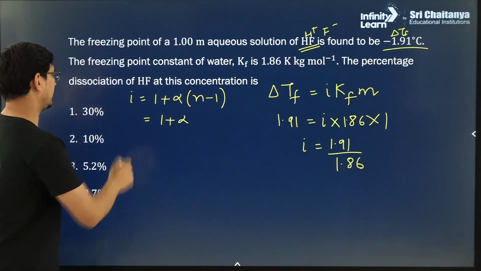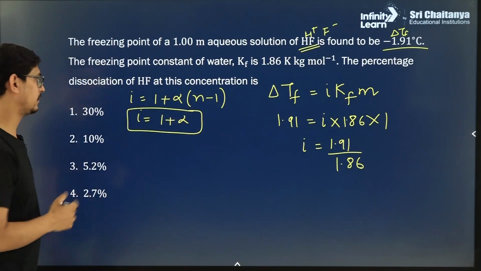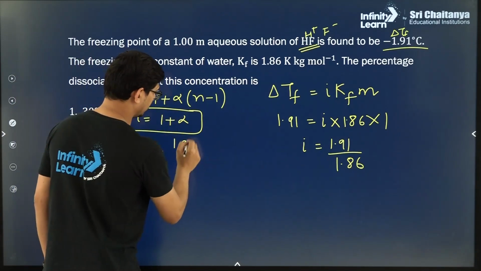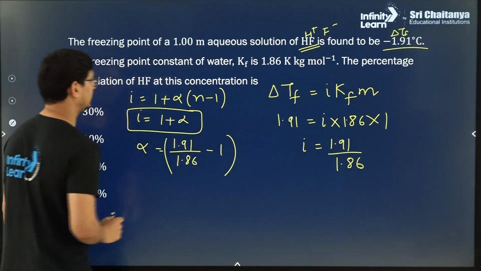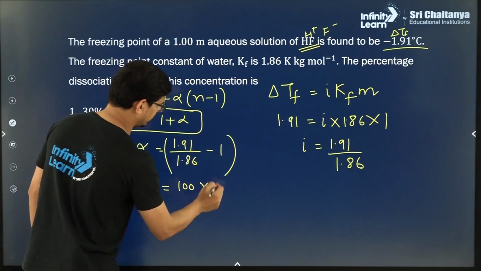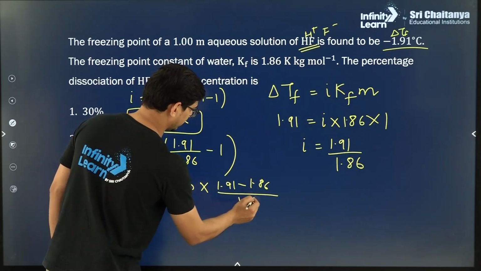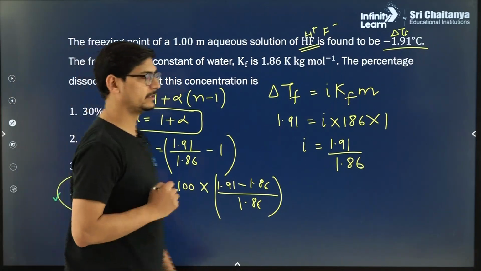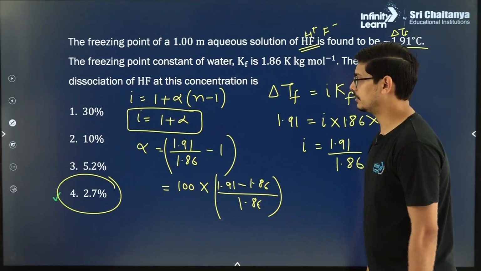So the Van 't Hoff factor is 1 + α, and alpha will be i − 1, which is 1.91/1.86 − 1. For percentage dissociation, you multiply it by 100. So 100 × (1.91 − 1.86)/1.86 is going to be your answer, which will come out to be approximately 2.7. That is the percentage dissociation of HF.